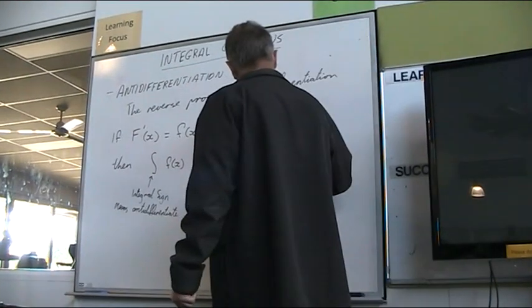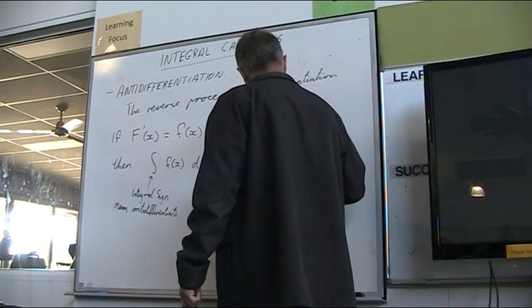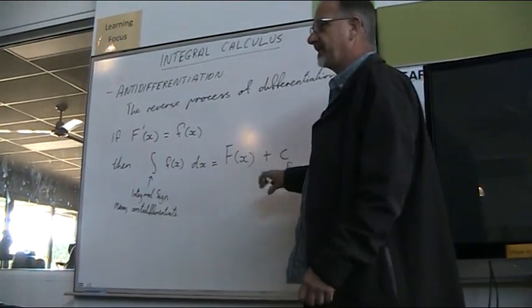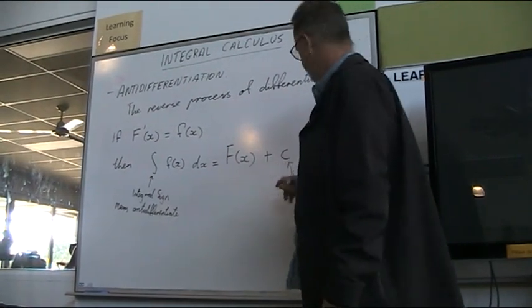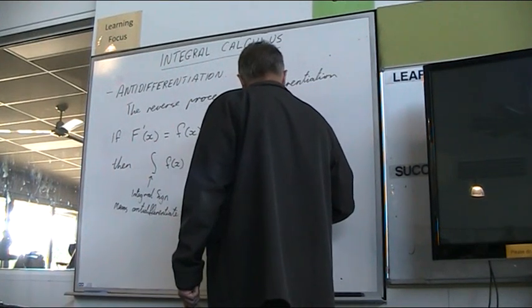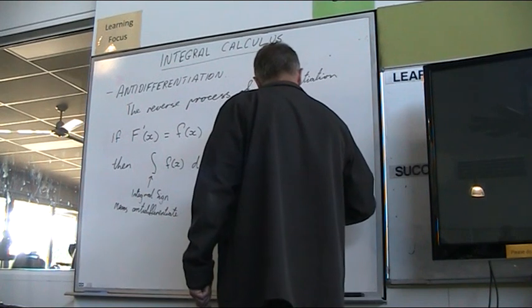So that's a constant. So often you'll see if we're just anti-differentiating something and we don't have other information, we'll just see plus c on the end. And so we need information to find it.